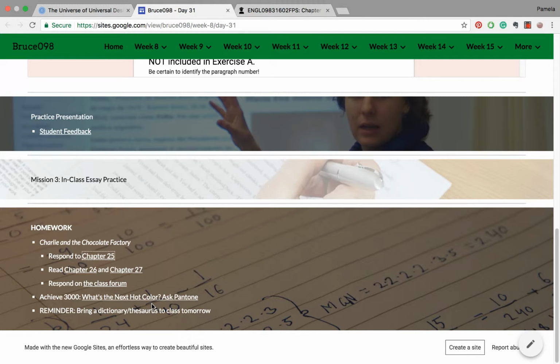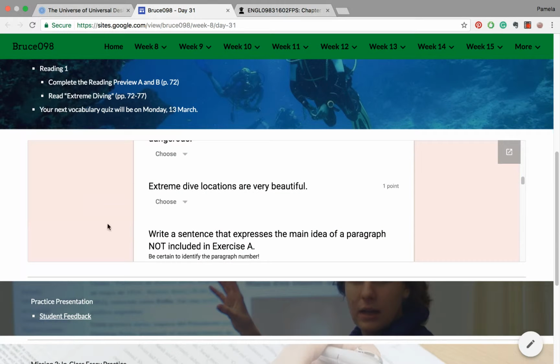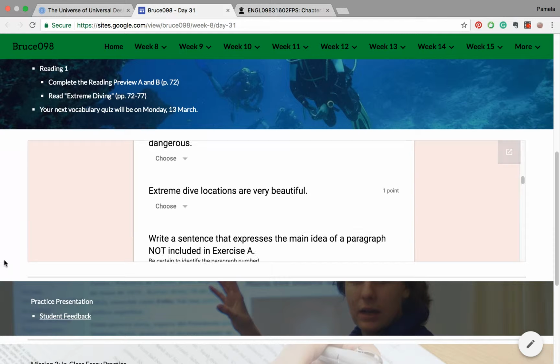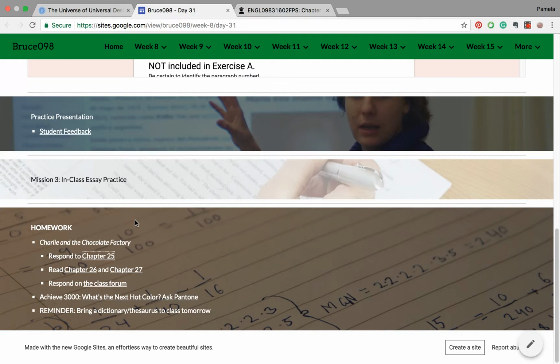And so the students have a particular Achieve 3000 to accomplish on a daily basis. So if they find themselves finished with whatever task might be at hand and they're waiting for the next thing, they can move on to the homework and get the homework out of the way before becoming too idle, before becoming bored.